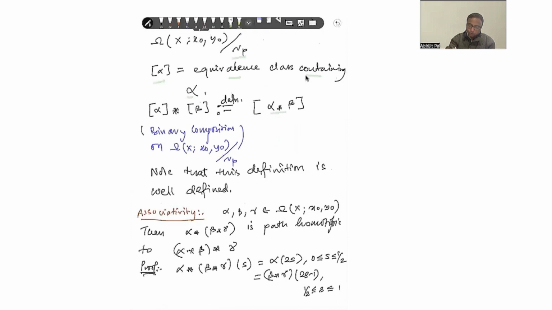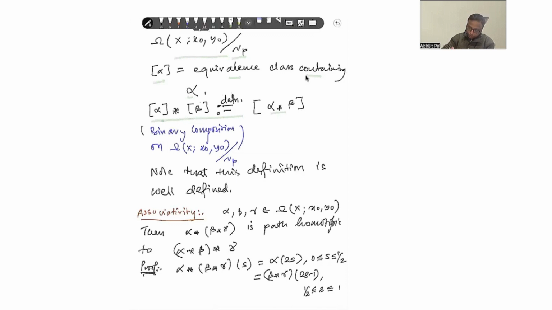This binary composition you can extend to the quotient space. That is the thing I have written here: square bracket alpha star square bracket beta means the equivalence class of alpha star beta. In fact, this composition is well-defined. So this makes sense.